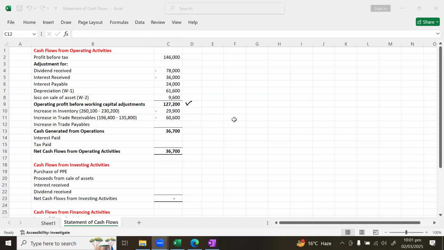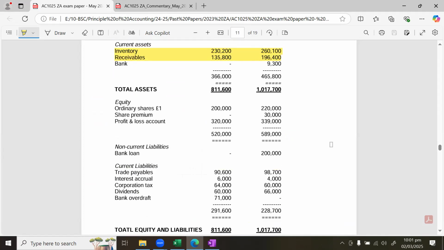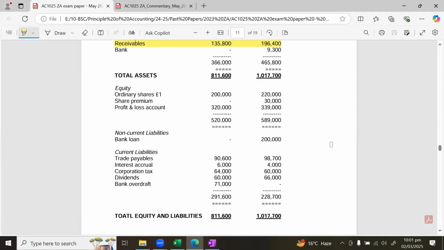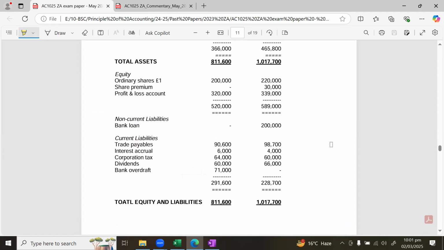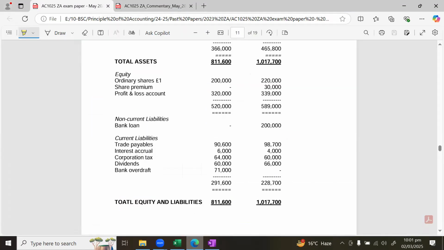Okay. What about payables? Receivables are also done. Payables this year 98,400, last year 90,600.